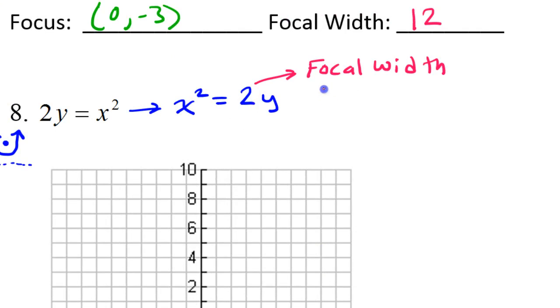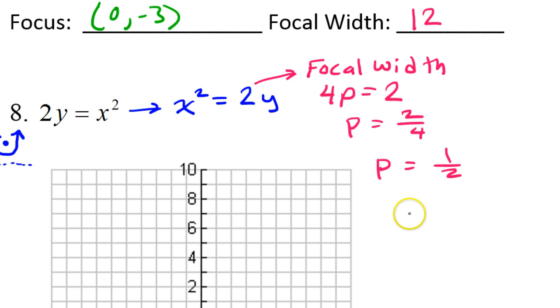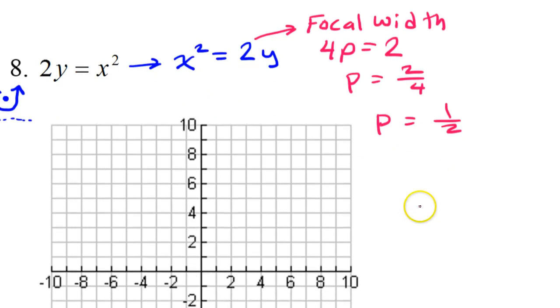But also, I know that 4p is equal to this number. So 4p equals 2. If I divide by 4 on both sides, I get p is equal to 2 over 4, which means that p is equal to 1/2. This 1/2 tells me where to put the focus.